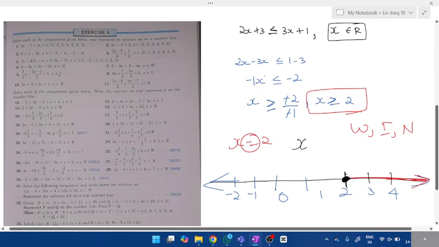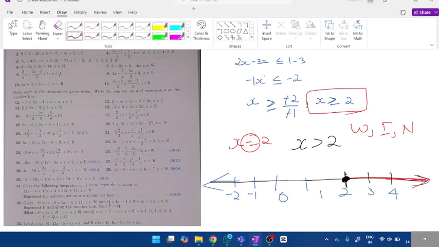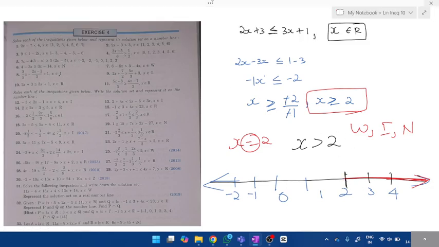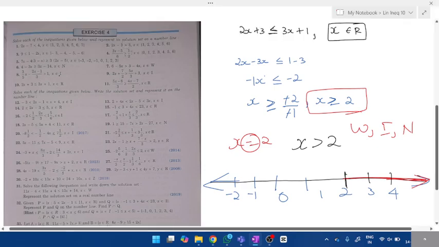Okay, what if only this is given, x is greater than 2? Now what kind of dot do we draw? A solid dot, I mean full dark and black, or a hollow circle? If it is only greater than 2, you draw a hollow circle. It is not equal to 2.